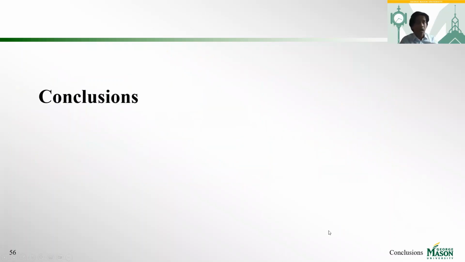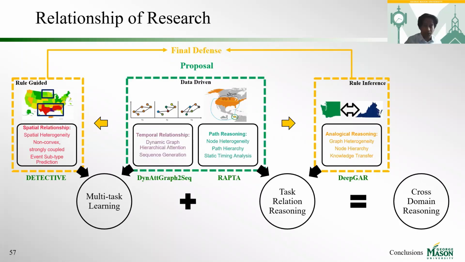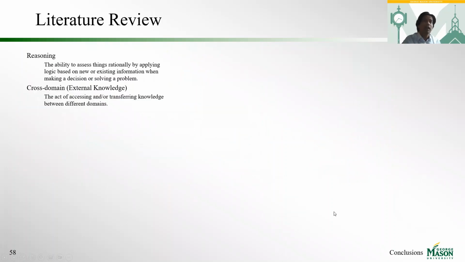Now we come to the conclusion. As I mentioned, this was for the data-driven approaches presented in the proposal, and the final defense I presented here. Now you can ask me why I did cross-domain reasoning only based on graphs. What about other kinds of reasoning? That's why I also did a very extensive literature review.